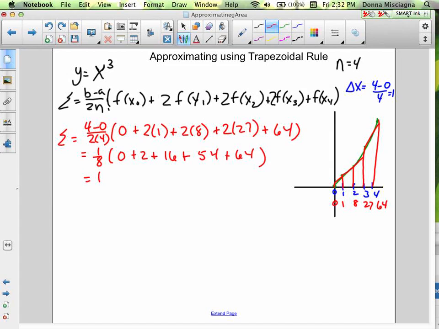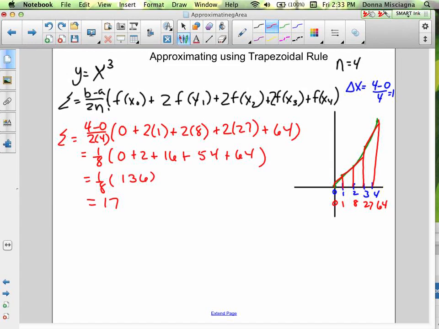So that's going to be 1/8 times 118, 120, 136. What are the chances 136 is evenly divisible by 8? Pretty good, because it is.